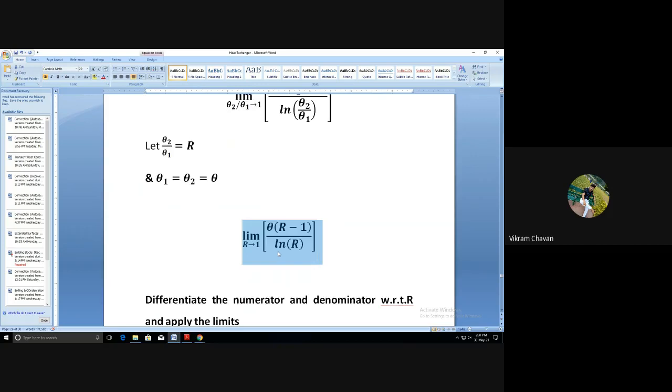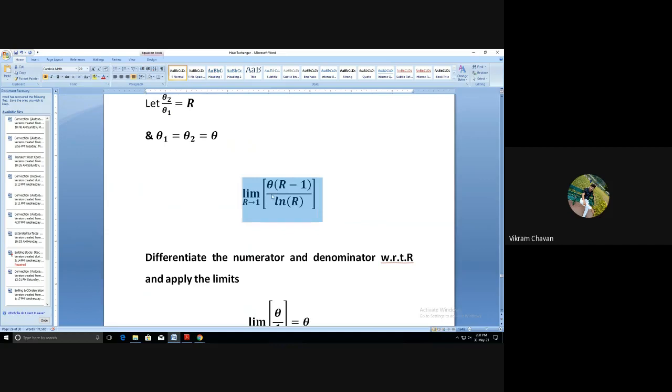So if you remember the limit theory about the L'Hospital rule, we have to take the separate differentiation for the numerator and for the denominator, and we have to consider this differentiation with respect to r. So if you multiply theta inside the bracket, it will be theta multiplied by r minus theta.